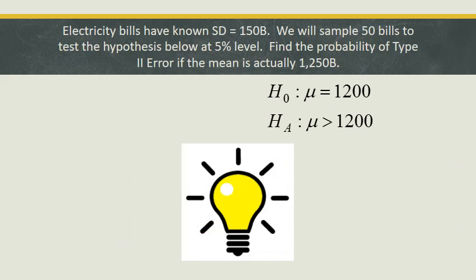Okay, type 2 error questions look like this. You're given a hypothesis and a what if statement like this. But we're not going to deal with that until later. We're going to begin just like a critical value question because it's very important to determine where the threshold for rejection is.